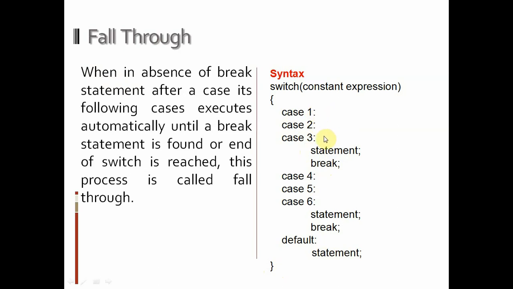Here are case 1, 2 and 3, but case 1 and 2 do not contain a break statement. In that case, as soon as control comes here, it will execute all the statements here and then automatically go to case 2 also.